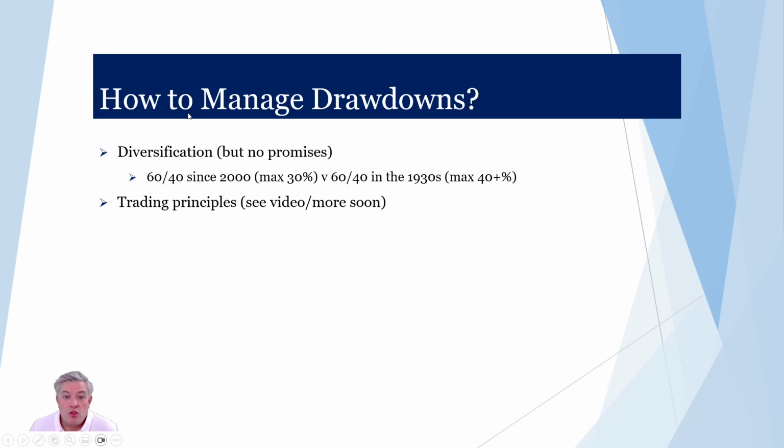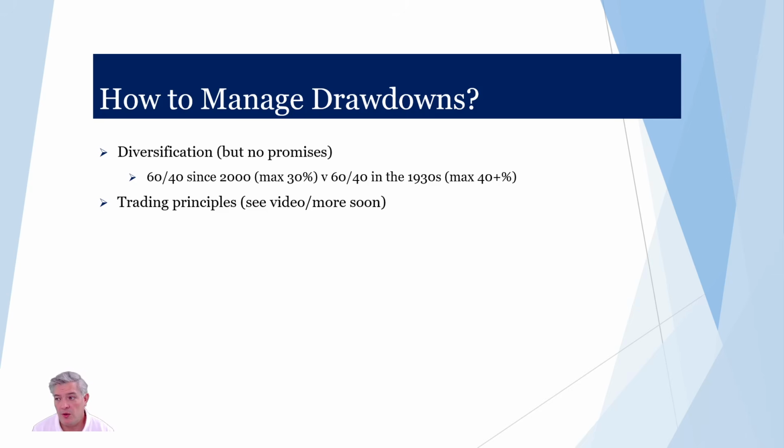So how to manage drawdowns? One way, as we saw in the earlier charts, is diversification, but there's really no promises. Sometimes things like stocks and bonds have played well together historically, but there's no guarantee they will in the future. As a prime example, if you look at the 60-40 max drawdown since the year 2000, it was about 30% using dailies. But if you go back to the 1920s, you find that the 60-40 using annual data was down 40% or more.